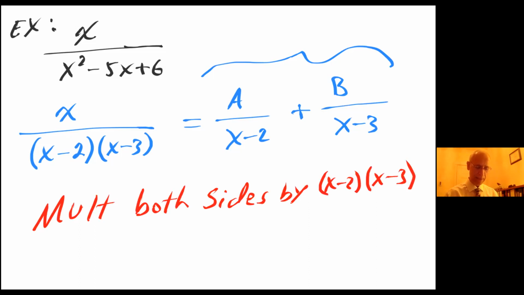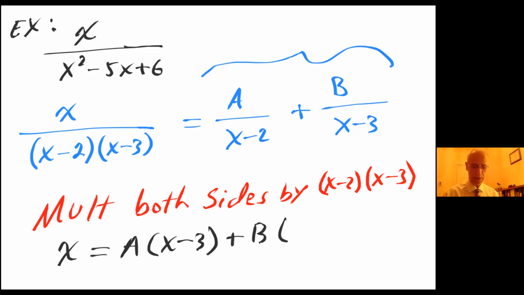If I do that, what do I get on the left-hand side? I only get x, because x minus 2 times x minus 3 and the denominator cancels out. What do you get on the right-hand side? I get A times x minus 3 plus B times x minus 2.